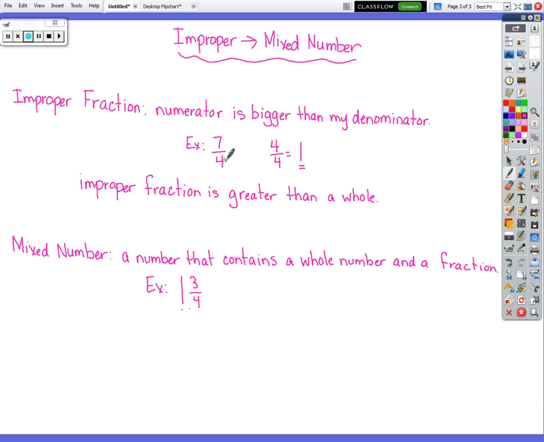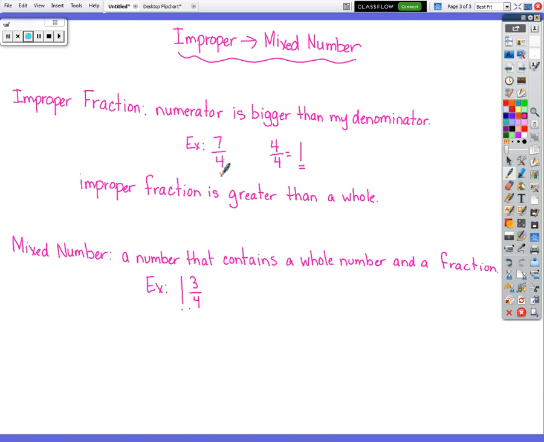Okay, so let's start with how to work with an improper fraction. First of all, we need to make sure we can recognize if it's an improper fraction. And what you also need to know about improper fractions is they are never in simplest form. Turning it into a mixed number makes it into simplest form.